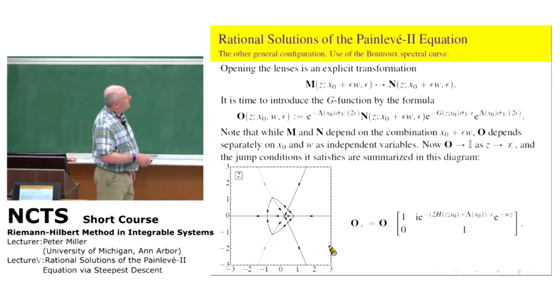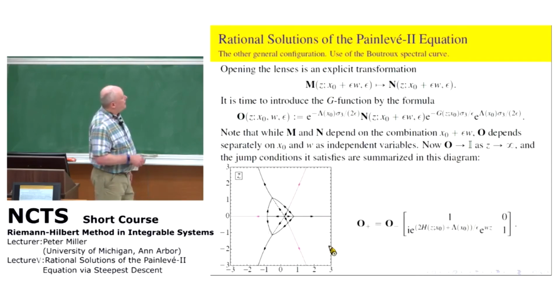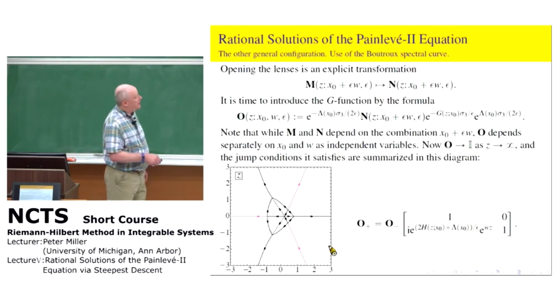That seems quite good. On this jump contour here in the plus region, I again have a minus sign on the exponent. Here there's two different boundary values of h from above and below, but the boundary value turns out to not matter because 1 over epsilon is a half integer, okay? So that's why that doesn't matter. On these three arcs here, which are all in the minus domain, now I have a plus sign on the exponent.